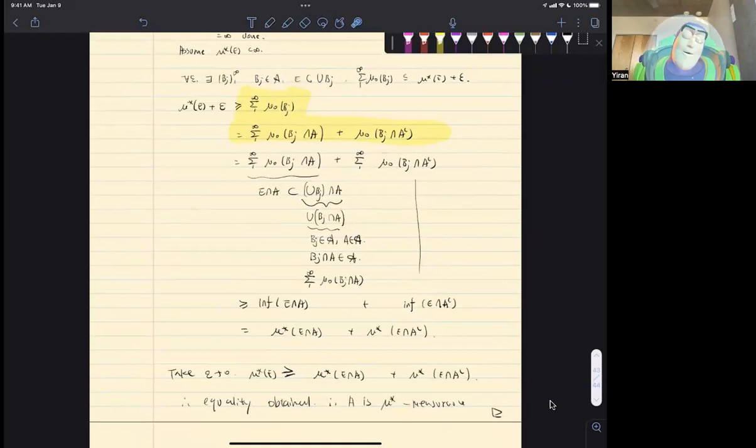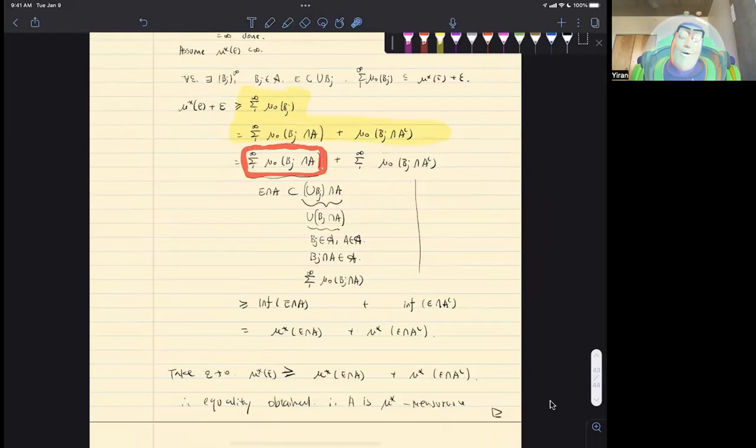Infimum. I think that makes sense too. Let's see. Because what I want to say here is that this is... Let me think about this.